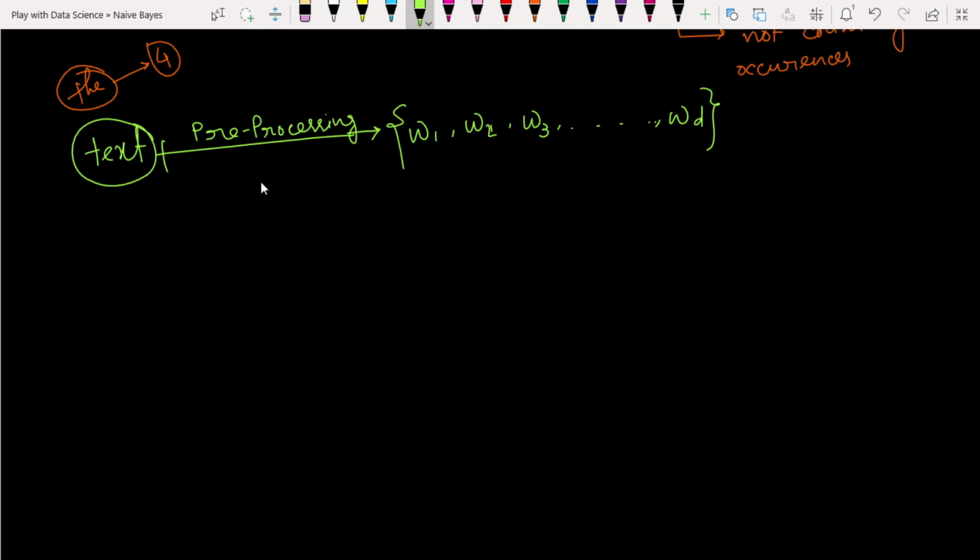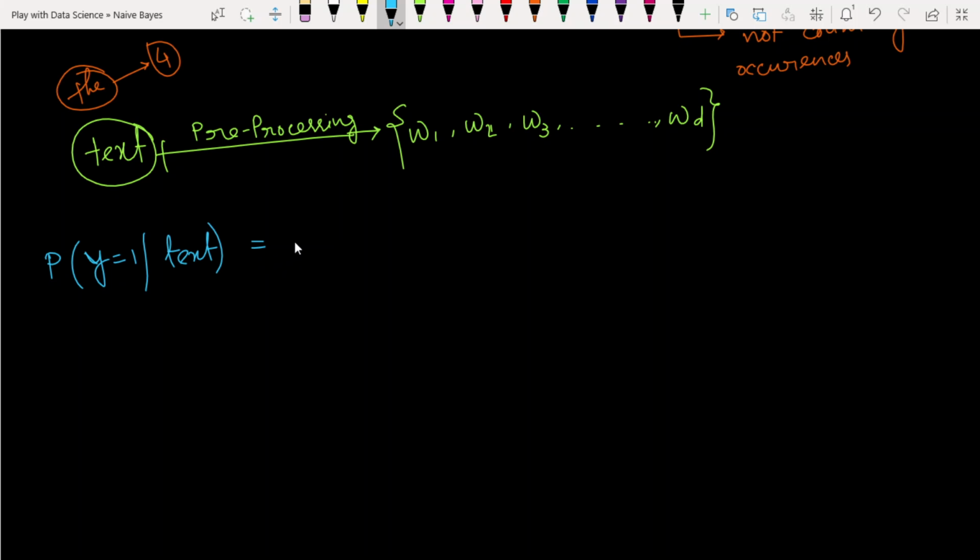So we are interested in finding the probability of y equals 1, that is, if it is positive, how probable it is for this required text. First we calculate the positive: the probability of y equals plus 1, and similarly y equals minus 1. Between these probabilities we find the maximum one, so we can easily say whether this text is positive or negative.